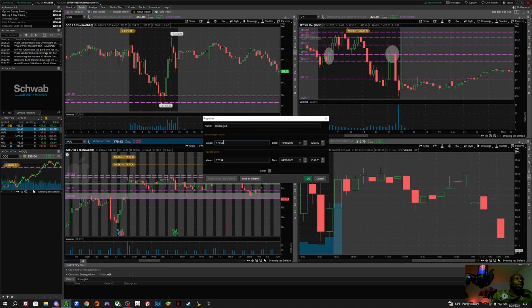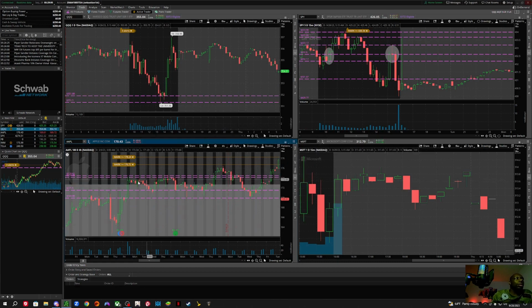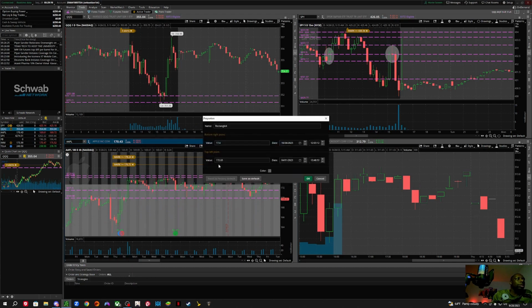So we'll say bottom right, top left at 174.04, doesn't matter. Click OK. Ooh, that is the wrong direction. I did that the wrong way. 170.4. My number lock is off. Click OK.